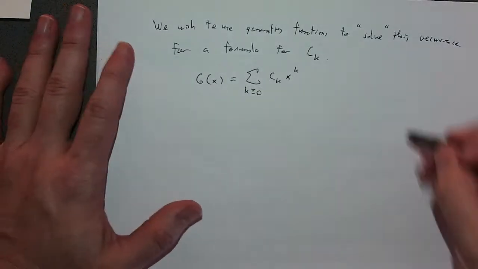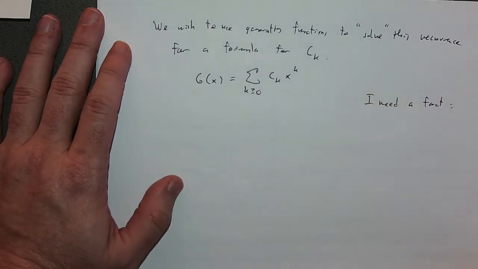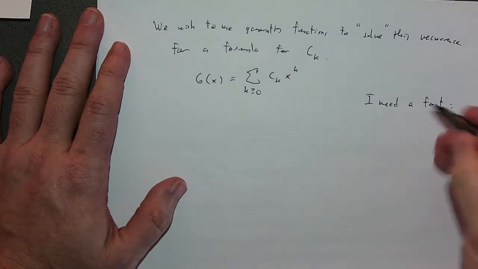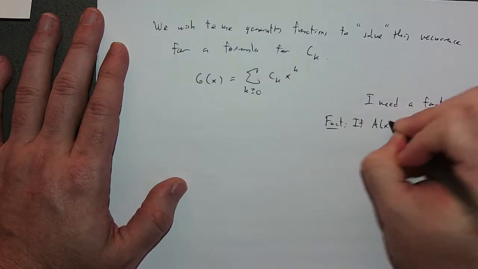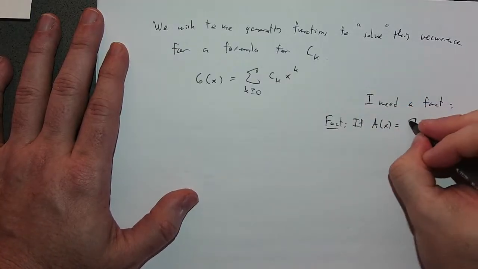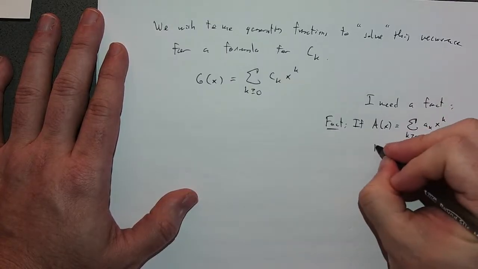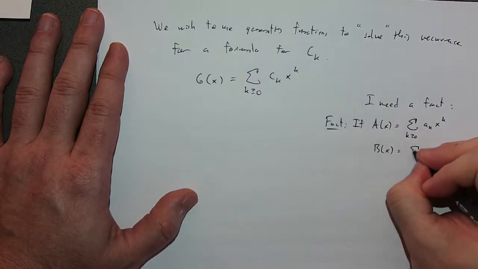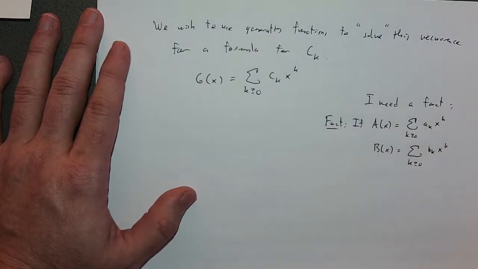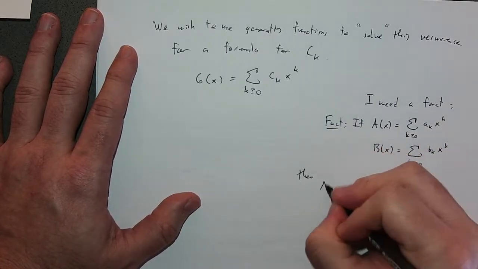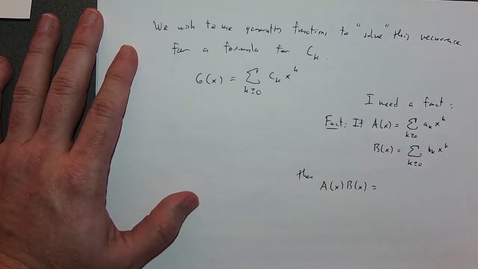So I need a fact. So what do I need? Here is, we'll just call this fact. If a of x is a generating function for some sequence, we'll say a sub k, and b of x is a generating function for some other sequence, say b sub k, then the product of their generating functions can be done in the following way.